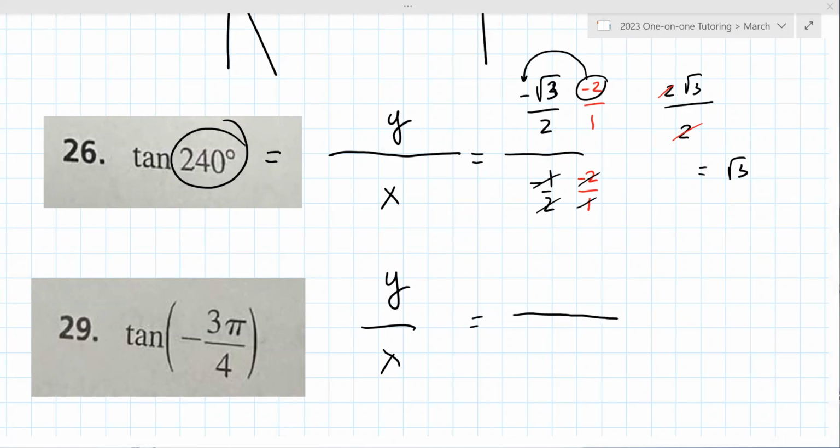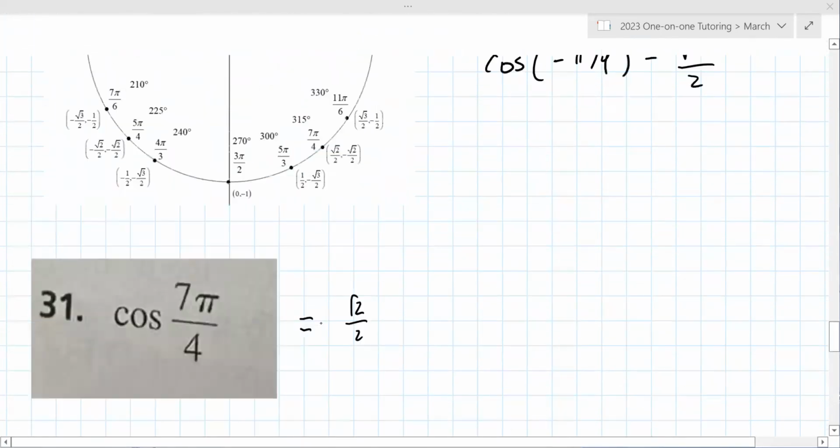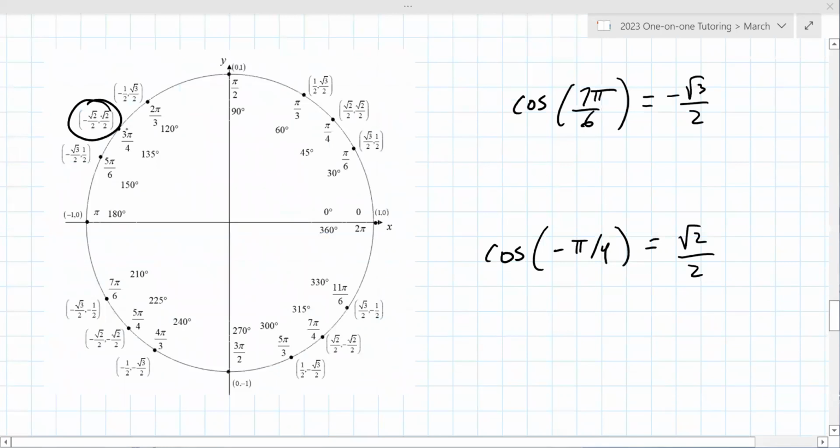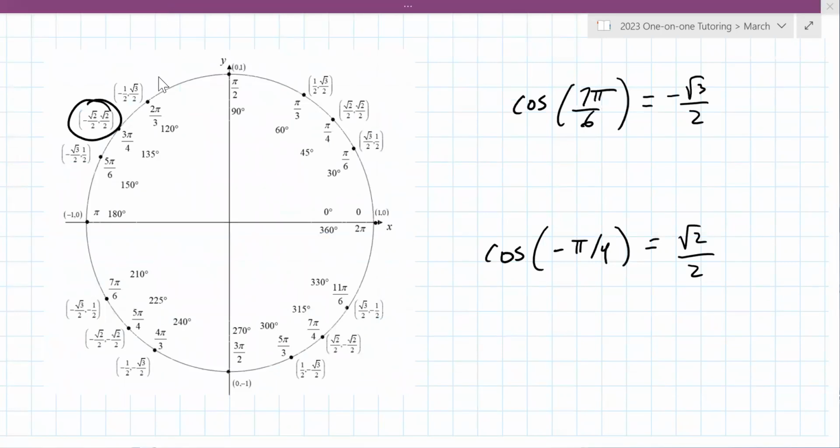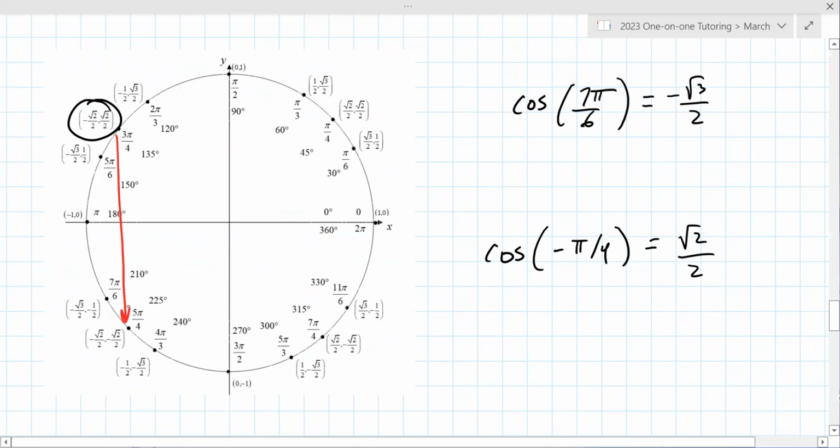Give me the x and the y value there. So negative 3 pi over 4, that's when you have to go down to the opposite one, right? That's right. So if you like that approach, you go to 3 pi over 4, and then you drop straight down to that one, 5 pi over 4.